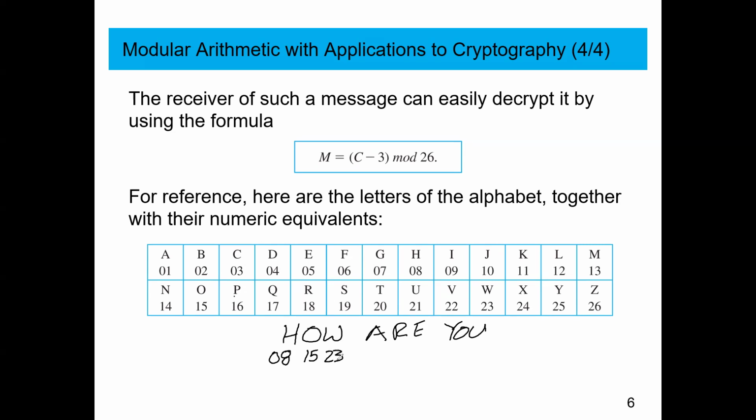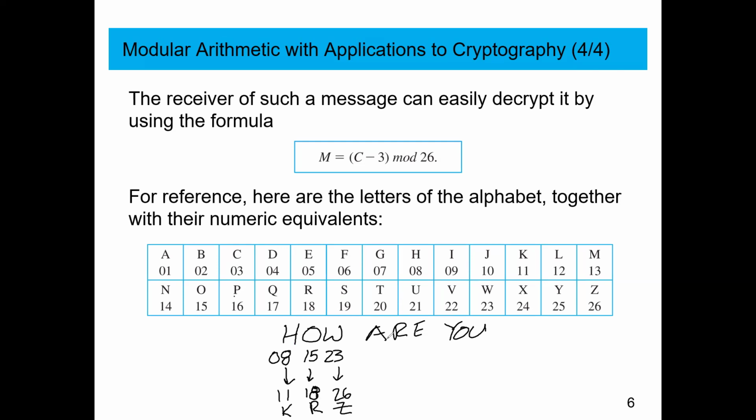I'm just going to do this to illustrate. The 8 becomes 11, the 15 becomes 18, and this becomes 26, which means this is K. This should be R, and this should be Z. So when I send the message, I'm going to send KRZ to someone to decrypt.